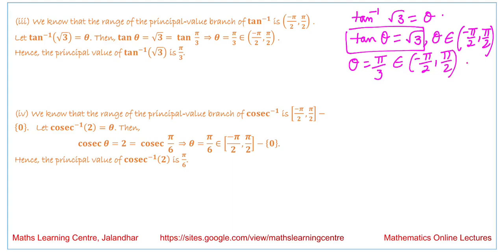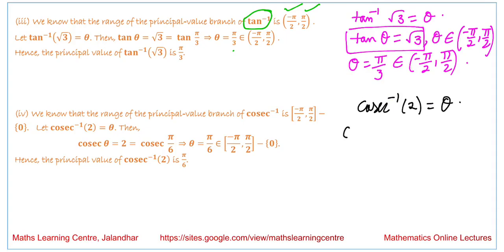Now, to remember these principal domains we are talking about, next we have to calculate the principal branch corresponding to the function cosecant inverse of 2. Suppose we are saying this is equal to theta.